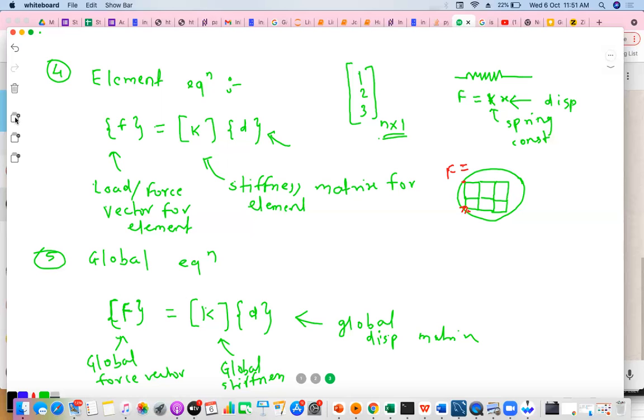My next step will be to apply boundary conditions.